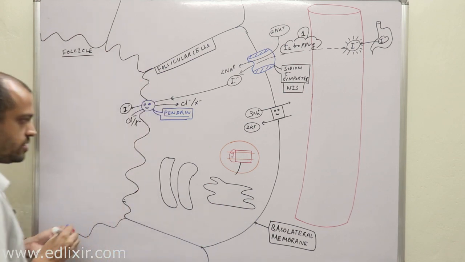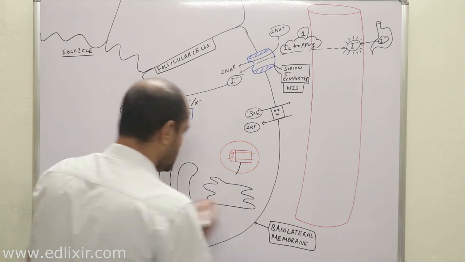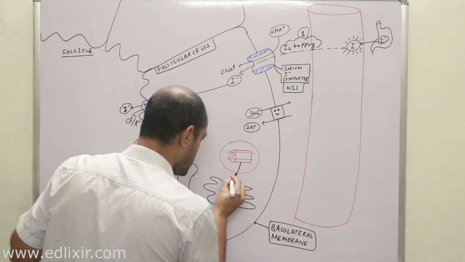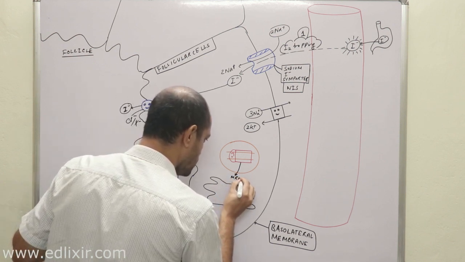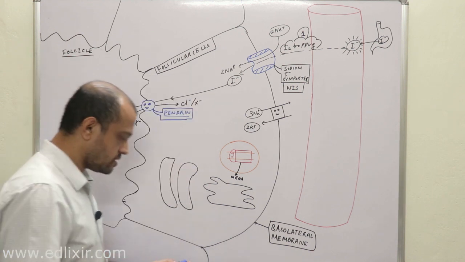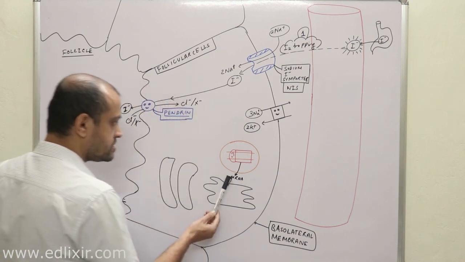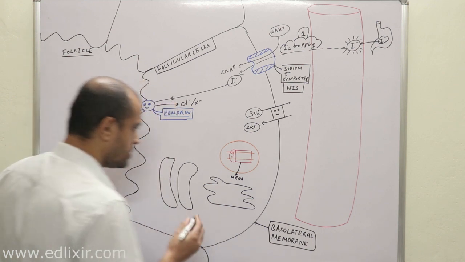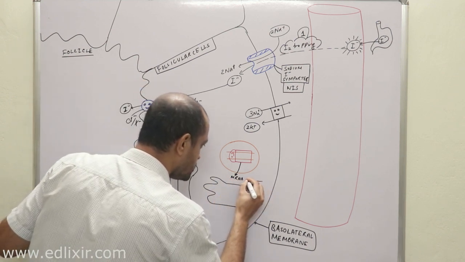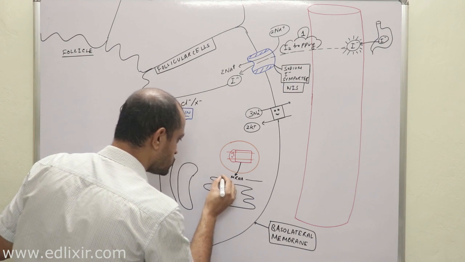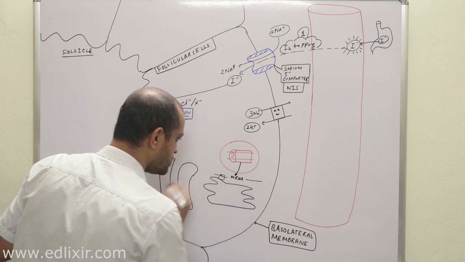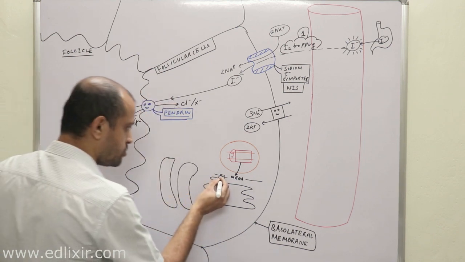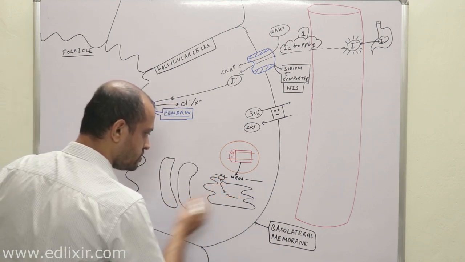Whenever an mRNA comes out, suppose this is an mRNA, this mRNA will attach to a ribosome, and here a protein will be produced.